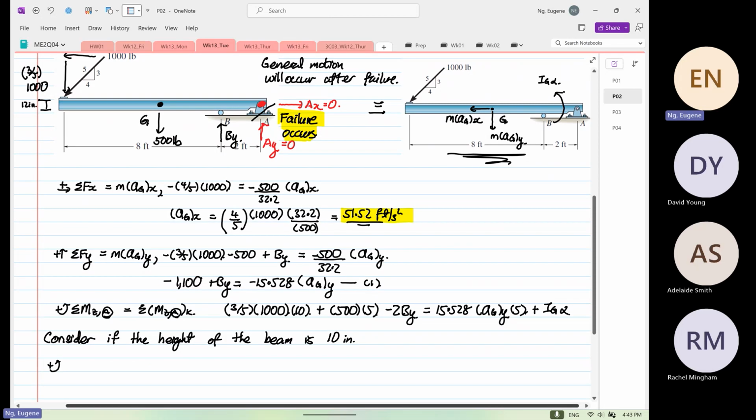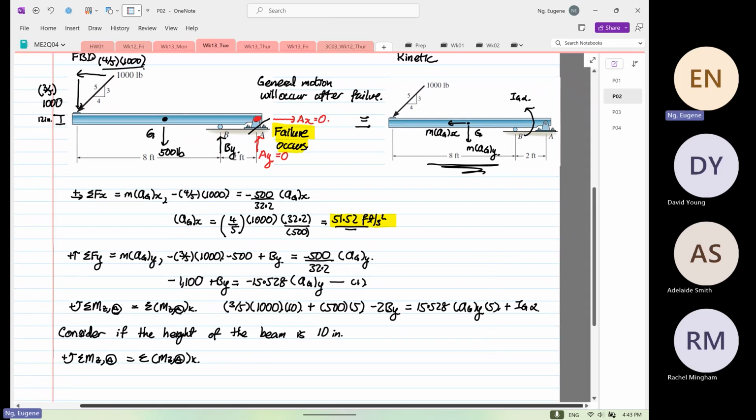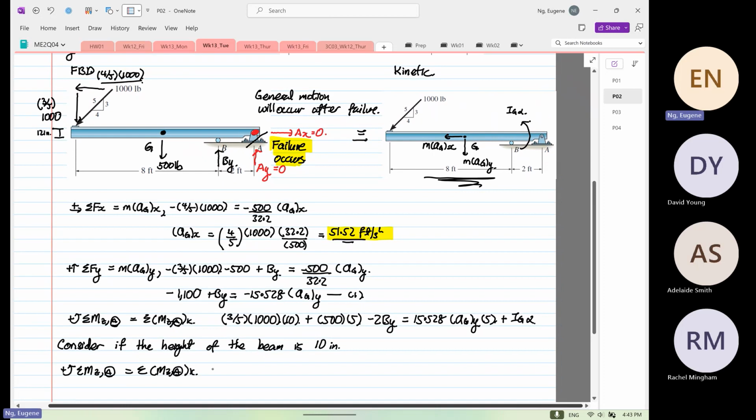We're going to do summation about moment Z at point A, and this is equal to summation moment Z at point A in the kinetic form. The 3/5 will still be the same.